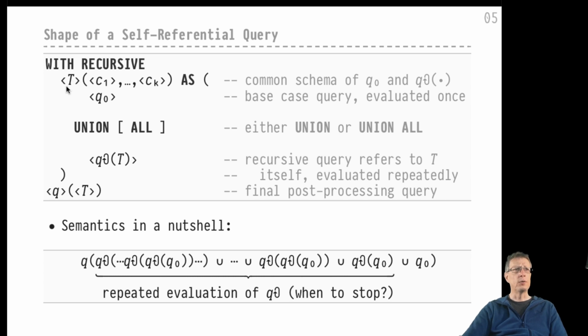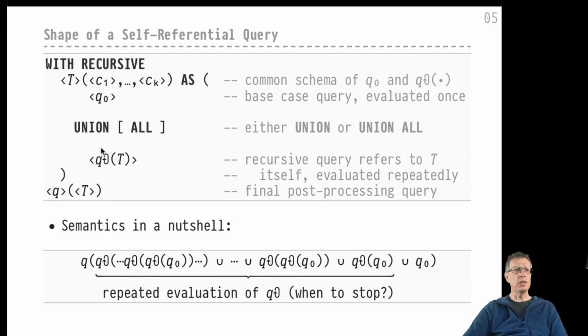Of course, this common table will have a schema with k columns, as you can see here. Nothing unusual so far. It will of course have a query body, a body of SQL construct that defines the contents of this particular table. Later on, I can then refer to this computed table T to do some post-processing and generate the final result. Nothing special so far.